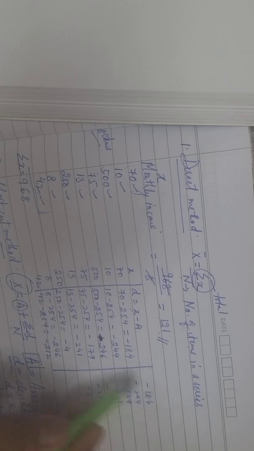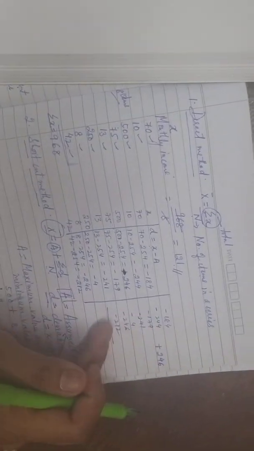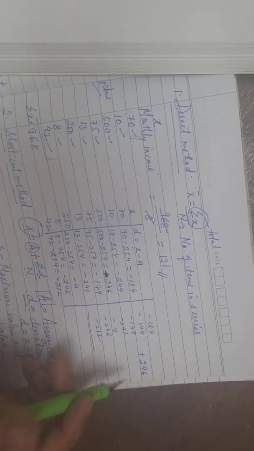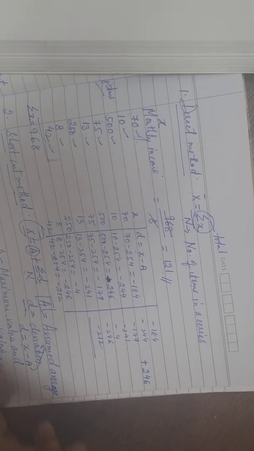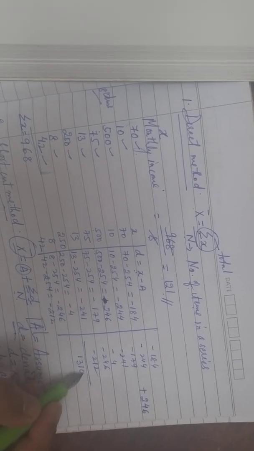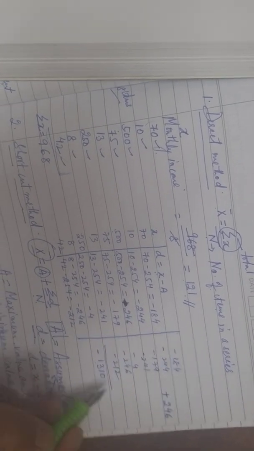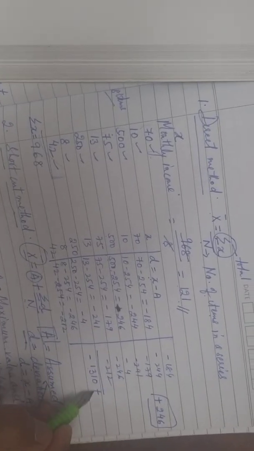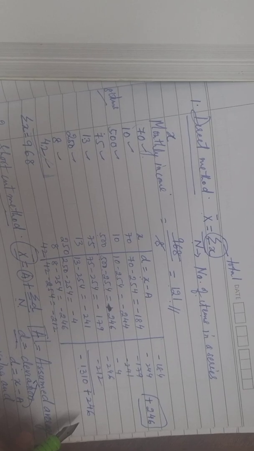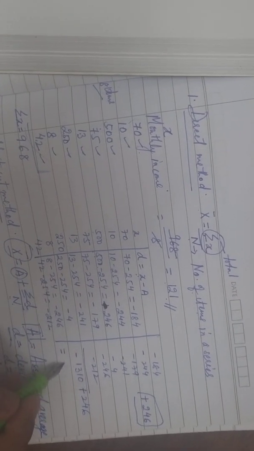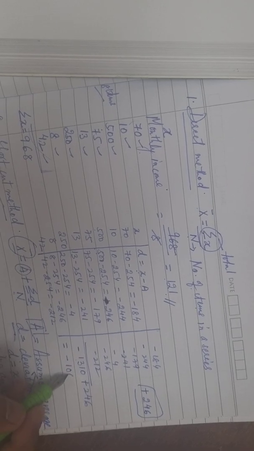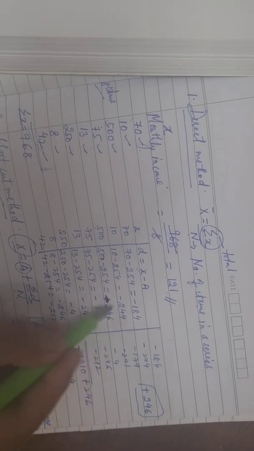Put them in one group. Then positive we have only one, that is 246. Now calculate this one differently and that one differently. Add up all the negatives and you will get 1310, and the sign will be minus. And this is plus 246. So how much do we get? The sign of the greater one applies, so we get minus 1064. So this one is done.